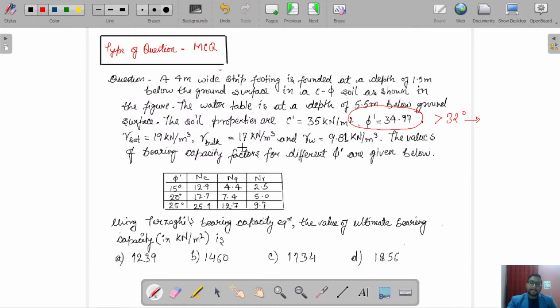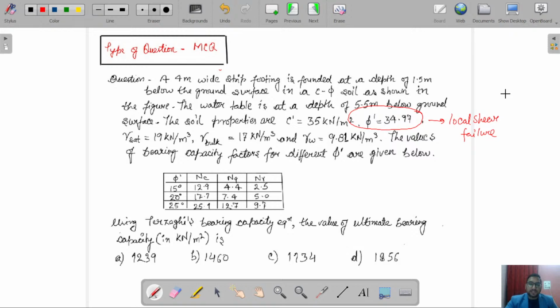So when there is local shear failure, here the type of failure is local shear failure. Now Terzaghi's relations were given for general shear failure.